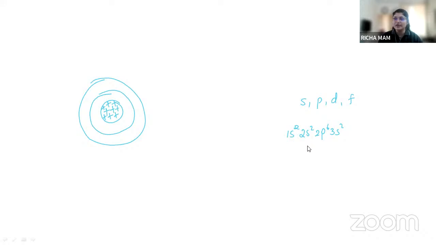In the first shell the number of electrons accommodated can be 2, then the next maximum is 8, and then subsequently it increases: 2, 8, 8.